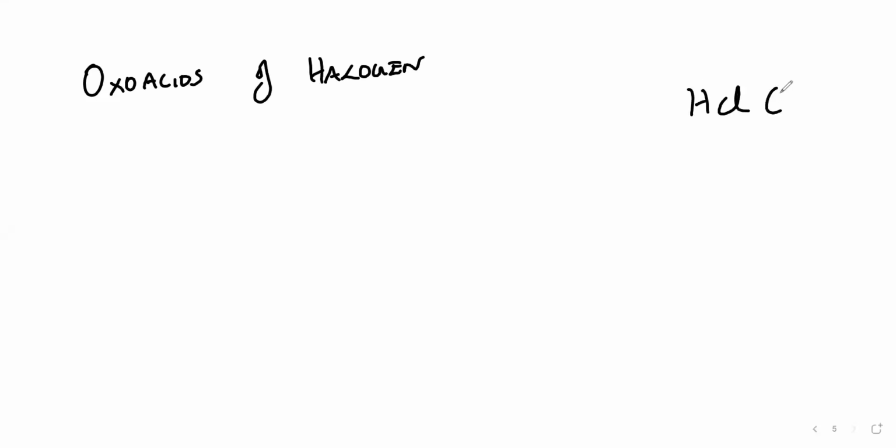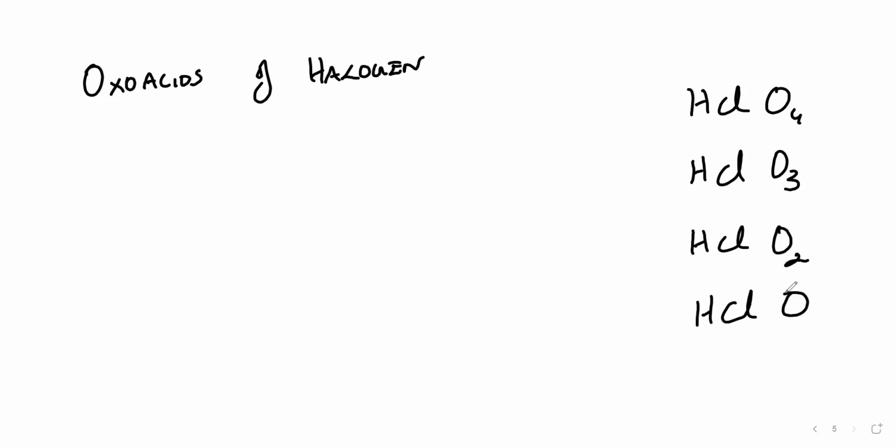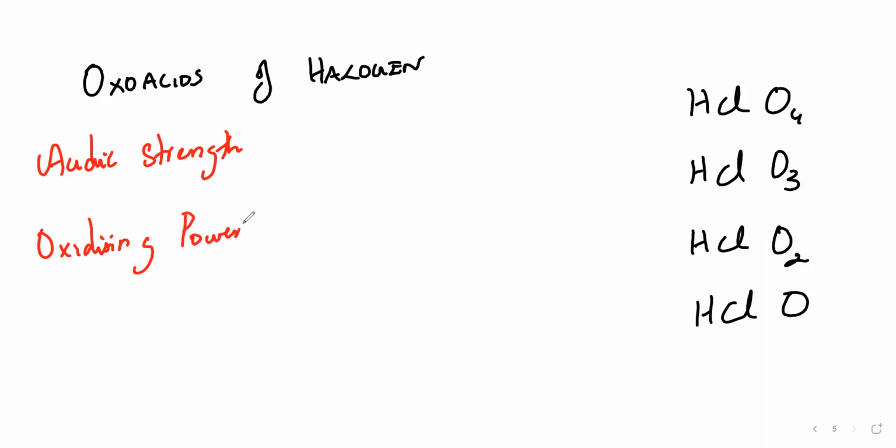So HClO4, then HClO3, HClO2, then HClO. I'm just reducing the oxygen in each one. So the first thing is acidic strength. There are three things in this. One is acidic strength. Next one is oxidizing power. In both the things, I'll tell you.